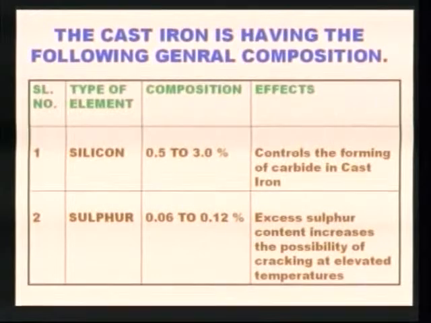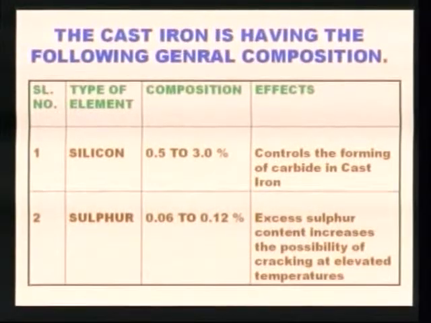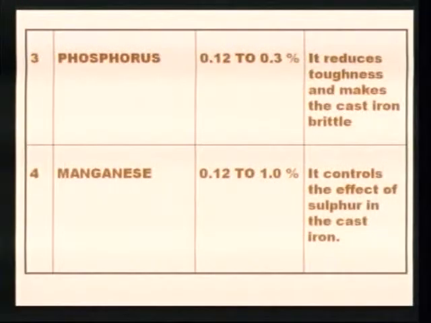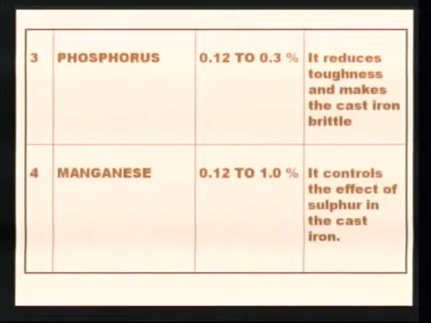Excess sulfur content increases the possibility of cracking at elevated temperatures. The third constituent is phosphorus, from 0.1 to 0.3%. It reduces toughness and makes the cast iron brittle. Fourth constituent, manganese, generally from 0.12 to 1.0%. It controls the effect of sulfur in the cast iron.